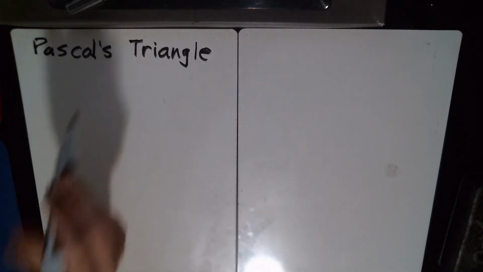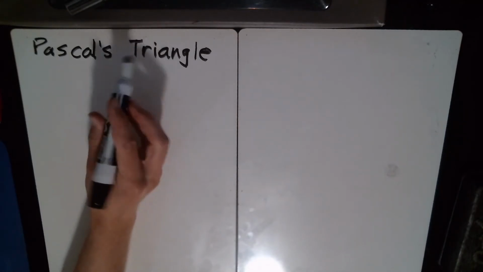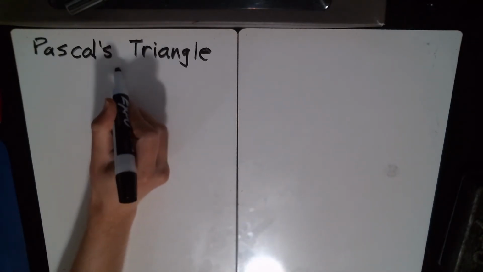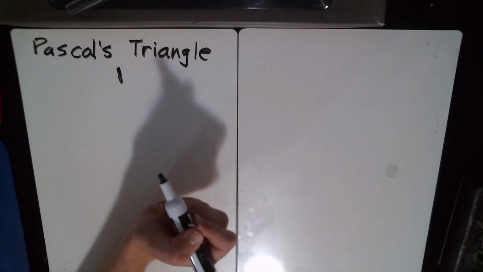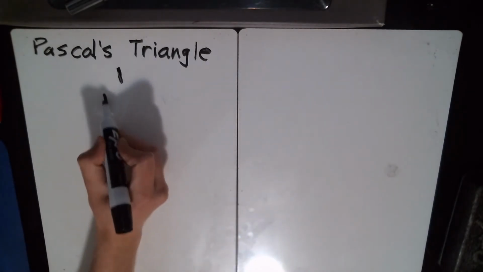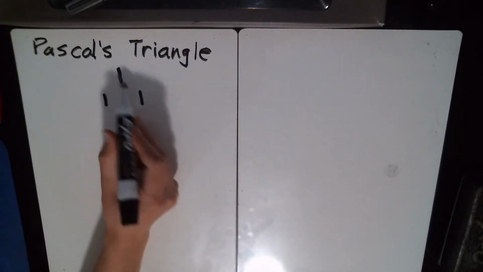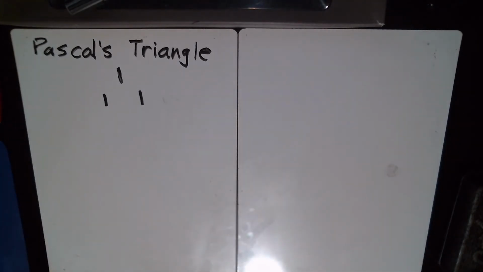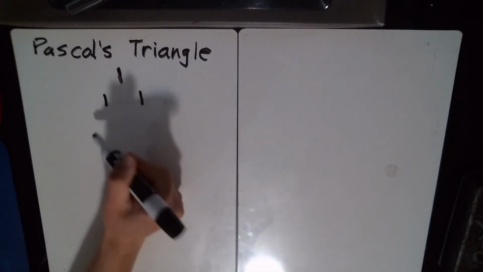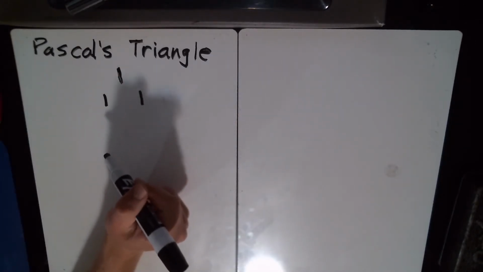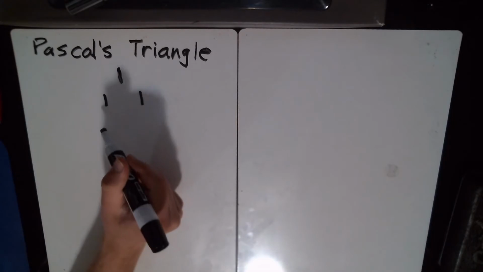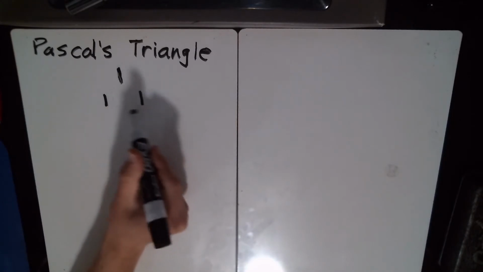And what is it? Well, you start with a 1 in the top position, okay? And then you put 1s below it, so you kind of make a triangle of 1s here. And then what you do is you continue going down by adding consecutive elements of the triangle.